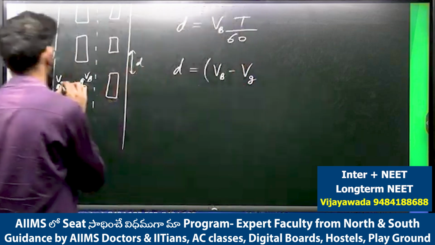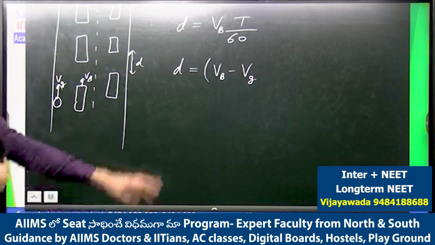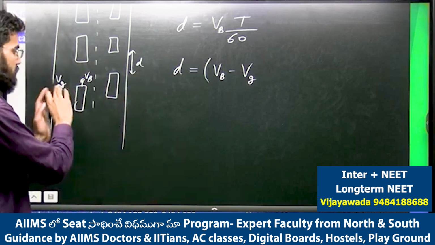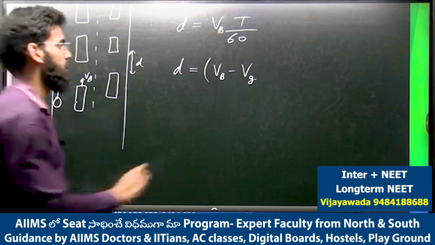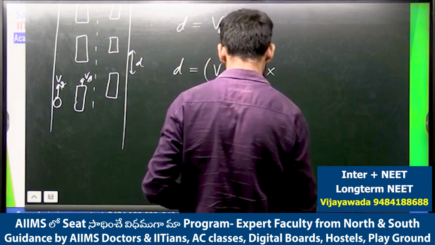Because it is going in the same direction, the relative speed is Vb minus Vg, into the time taken.